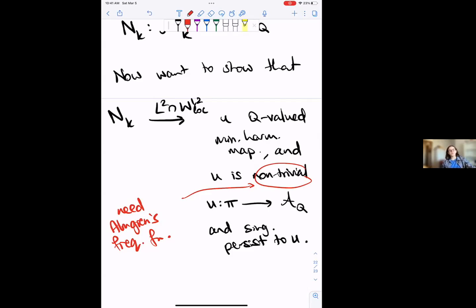But you can also use a somewhat more robust argument that involves getting a lower bound on the frequency function, which I'll explain. And this is what's needed to get this improved Minkowski bound.